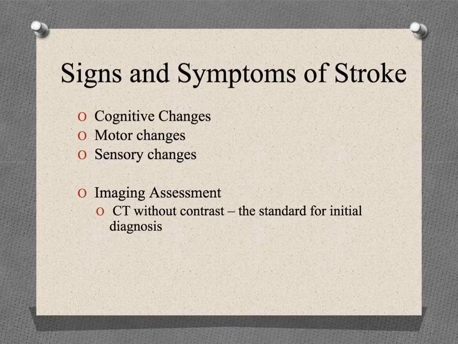Those are the 5 most common symptoms, according to the CDC, that a patient presents with. These all fall under the range of cognitive, motor, and sensory changes that can occur.